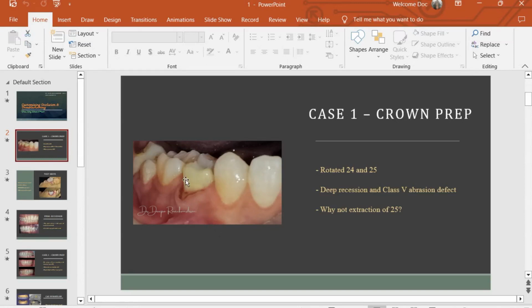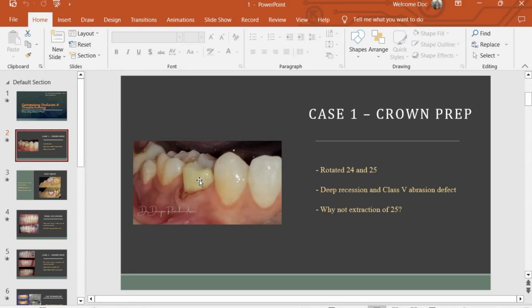So given the fact that this tooth was rotated, I wanted to customize the aesthetics for this particular patient because it looks really, really weird when you see the patient from the front. And post root canal, we were just discussing, me and the lab, as to what was the best solution that we could give this patient, and we didn't consider overlays for two reasons.